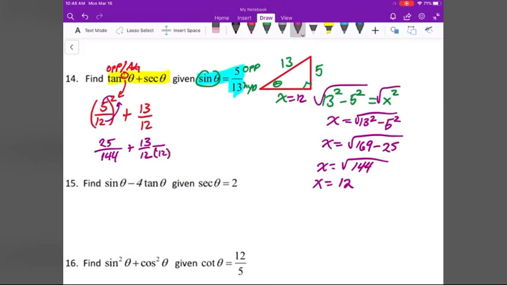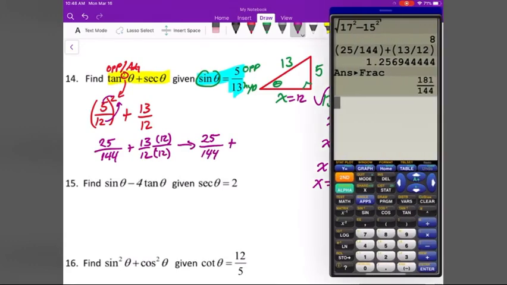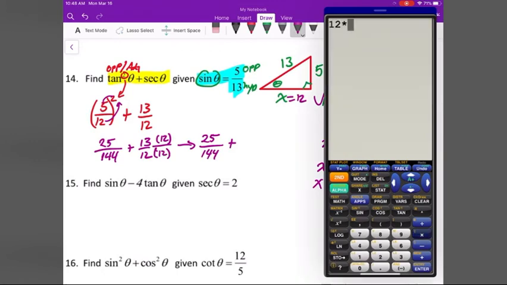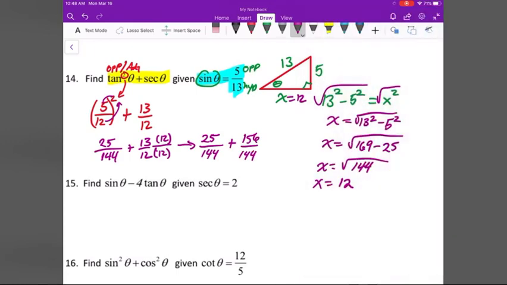So I multiply the denominator and the numerator by 12 so we can get a common denominator. And that implies we get 25 over 144 plus 12 times 13, which would be 156 over 144. So now we just have to add things together.